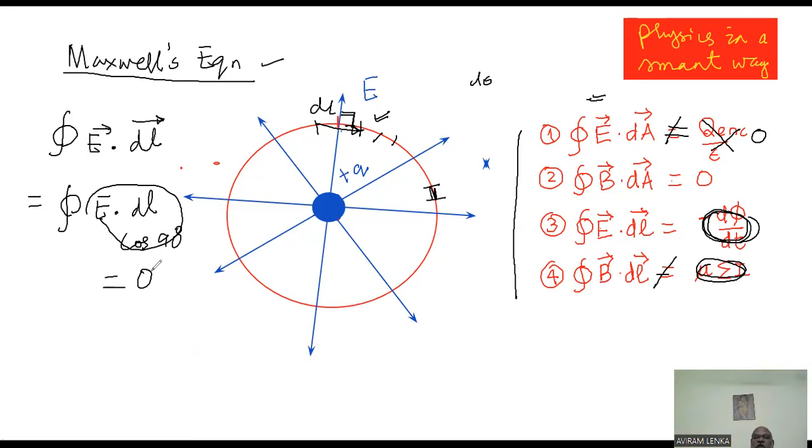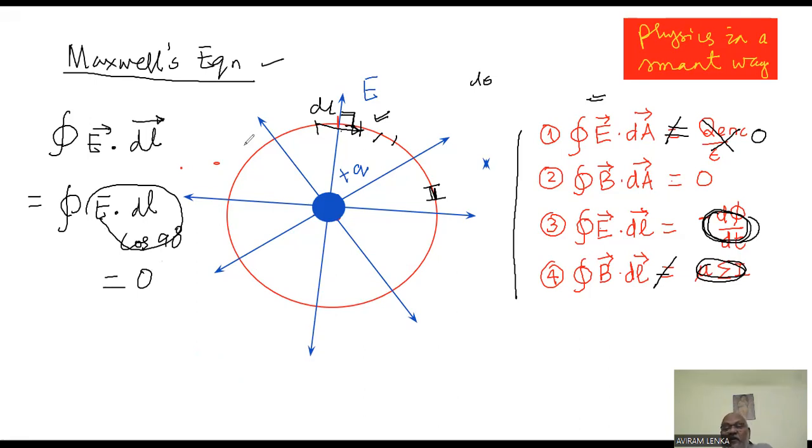Now, the question is, if our path is circular and the charge remains at the center of the imaginary path that you have considered, then that is equal to 0.